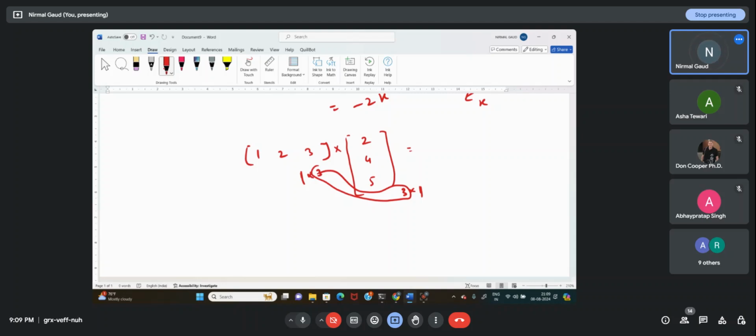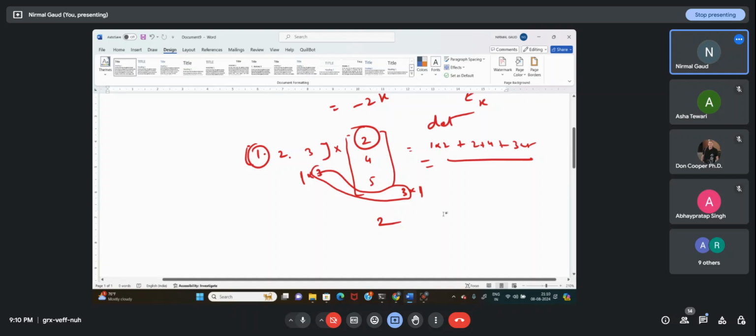Like 1 into 2 plus 2 into 4 plus 3 into 5. So that will be like a dot product here. If I want to take a cross, then things will certainly be different. That will be like 1 into 2, that is 2.